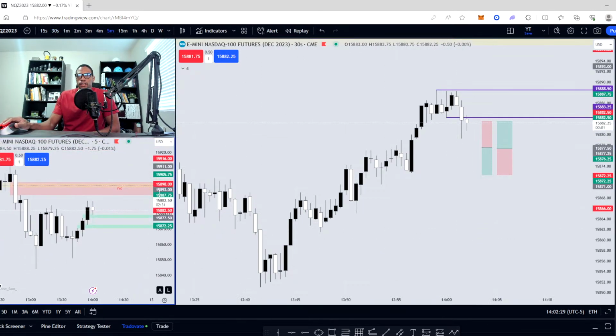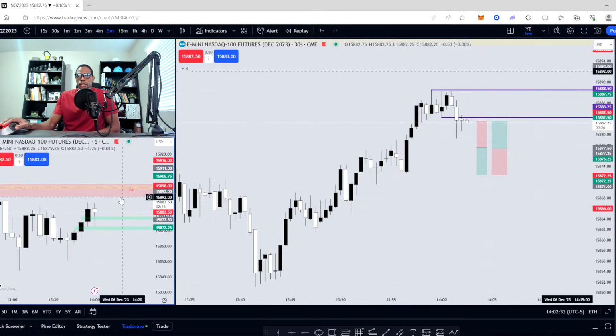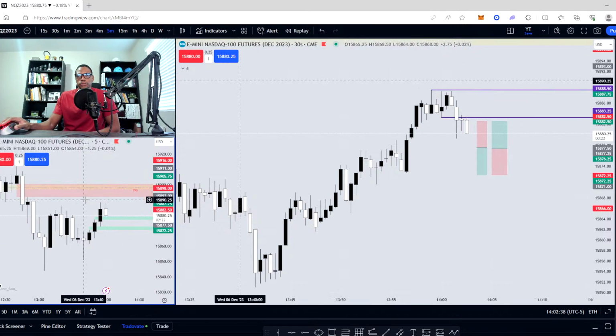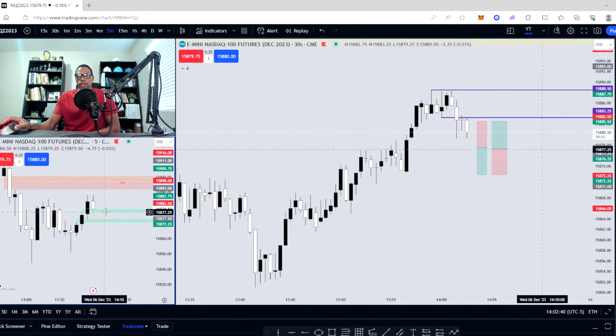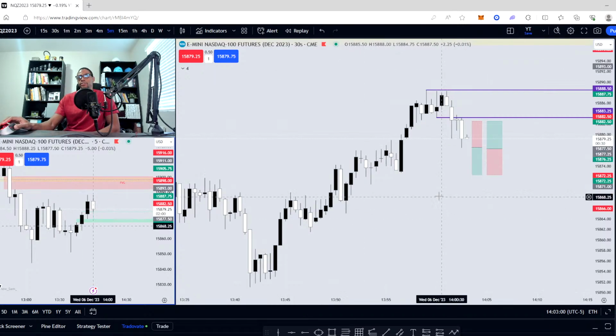As I look down at the 5-minute on the bottom left-hand corner, we have a fair value gap above, a pretty sizable one that was created during lunch. And then we have a fair value gap that we're actually in the process now of seeing if it will create or not, or if we'll retrace into it. Okay, so it looks like that's not going to be one, but there is another one down at 873. So 15,873 is a bullish fair value gap, and we have a bearish one at 15,892.